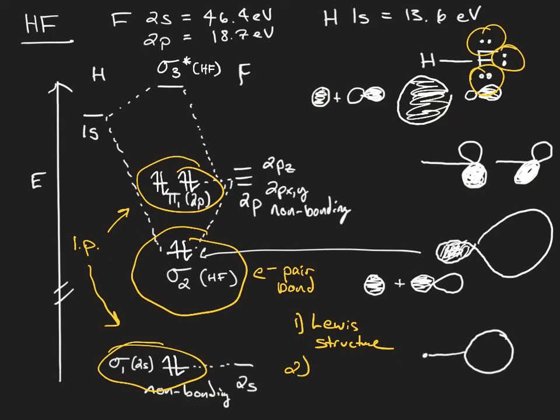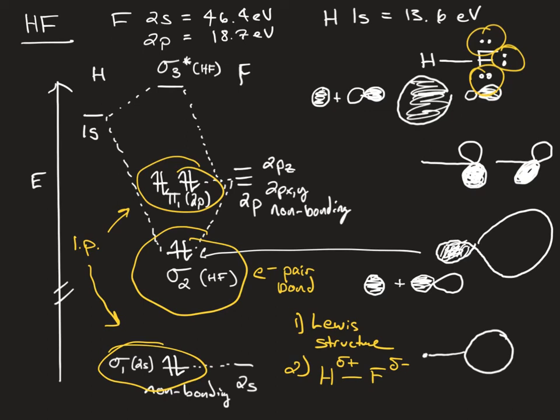The second thing that makes sense is that we would predict, based on electronegativity, that there would be a large partial positive charge on the hydrogen, and there would be a large partial negative charge on the fluorine. And this also makes sense. If we look at the molecular orbitals that have electrons associated with them that we generated, those are all fluorine-dominated molecular orbitals.